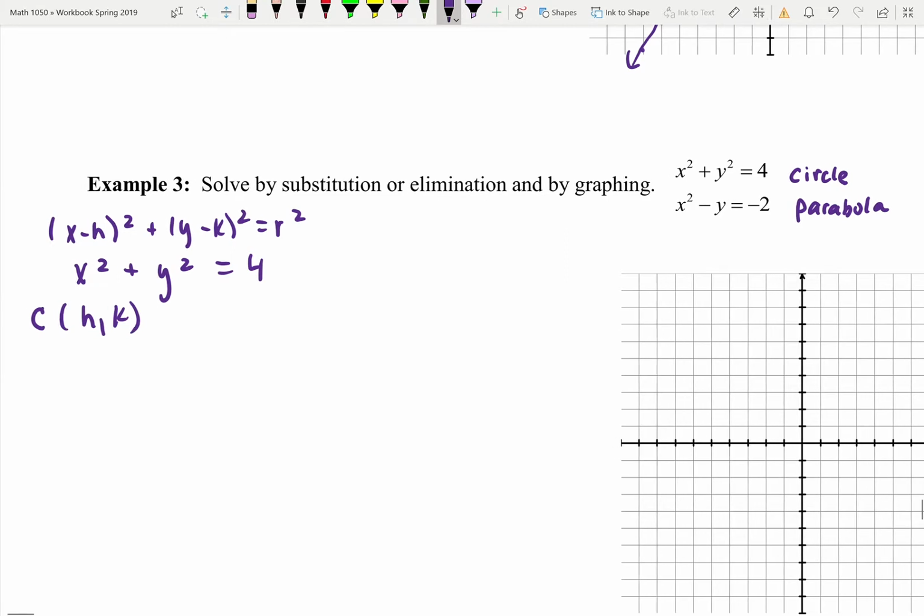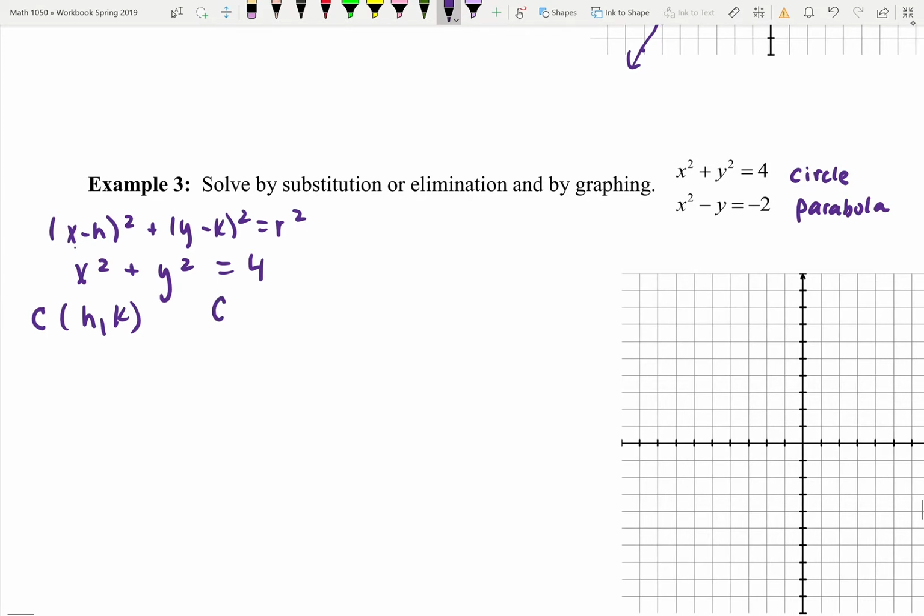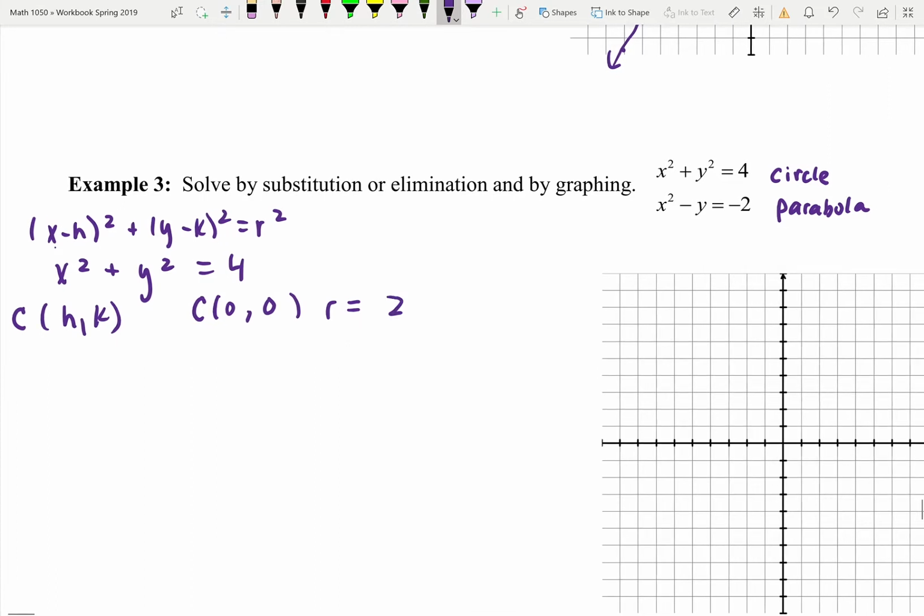The h is in parentheses with the x and squared. There's nothing there, so my h is 0. The k is with the y in parentheses and squared. There's nothing there, so mine is 0. Radius squared is 4, so the radius must be 2. Yeah, square root of 4.